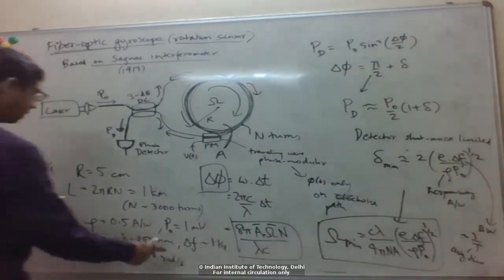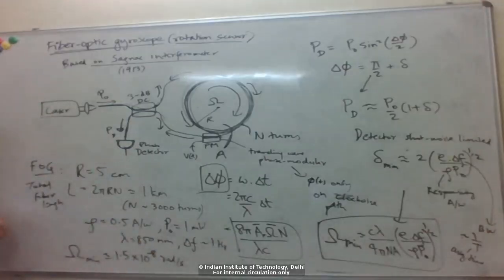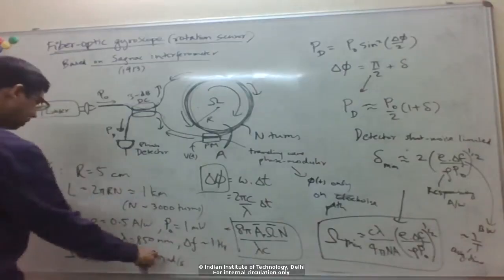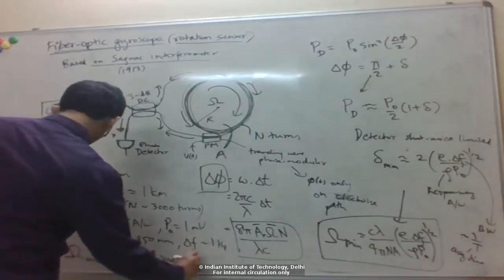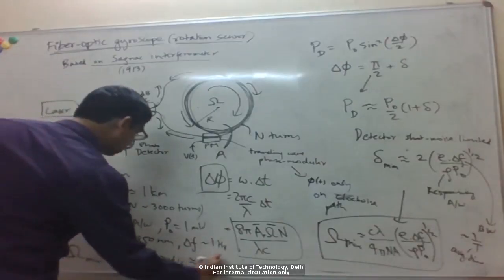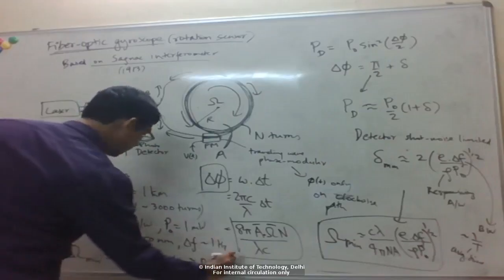Remember the Earth's rotation rate is 15 degrees per hour. If we convert this to degrees per hour, it comes out to be about 0.003 degrees per hour.